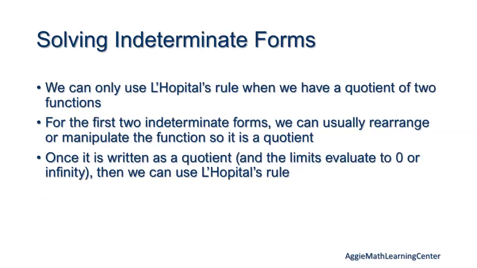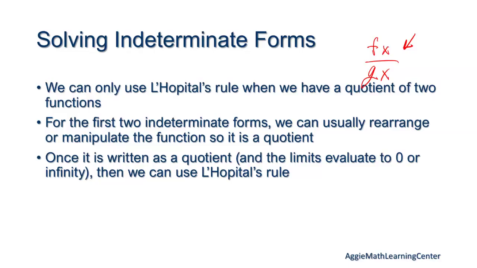According to L'Hopital's rule, we need to have some sort of f of x over g of x form, but those others aren't in that form. So if we get one of those indeterminate forms, we have to change it back to somehow looking like this to apply L'Hopital's rule. We can only use L'Hopital's rule when we have a quotient of 2 functions. That's our f of x over g of x.